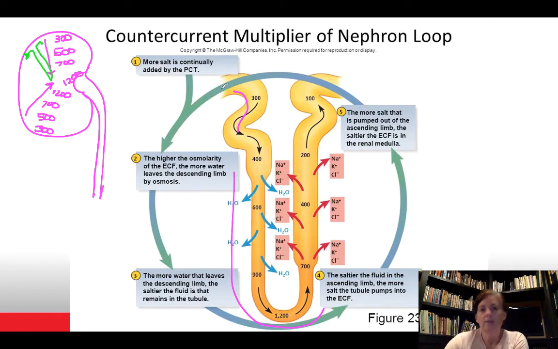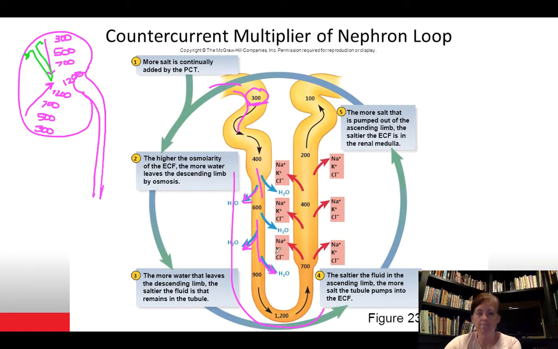As filtrate enters the loop of Henle, it is at an osmolarity of 300 milliosmoles. It's the same as all the other fluids in the body, okay? So the filtrate is going to start traveling down the loop of Henle. We know that aquaporins are present in the descending limb of the loop of Henle, so water is going to diffuse out of the descending limb.